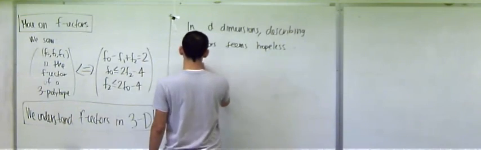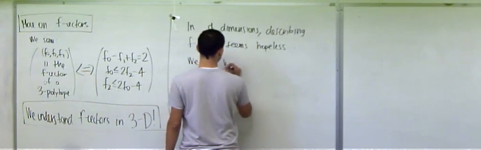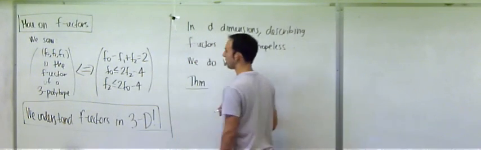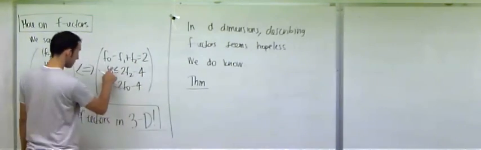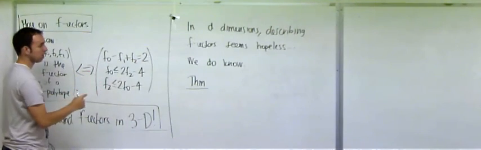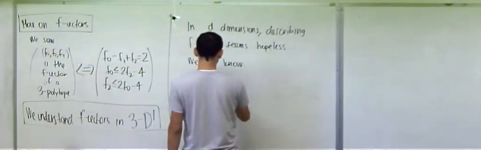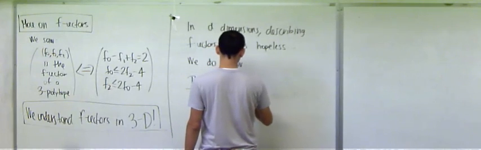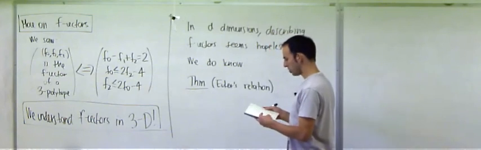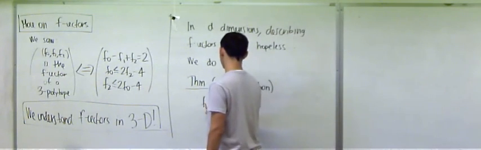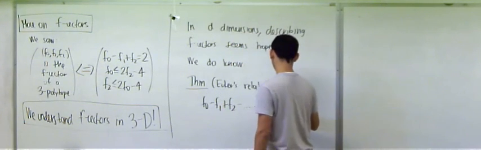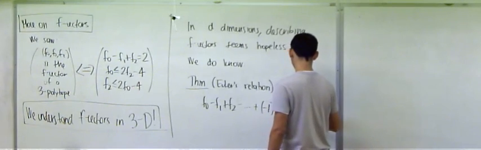But we do know something. This is something that you might already be aware of, which is that we have a relation like this no matter what the dimension is. This is called Euler's relation. Euler's relation says that if you do f0 minus f1 plus f2 minus f3, etc., all the way up to the dimension, you're going to get 1.